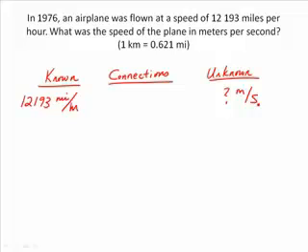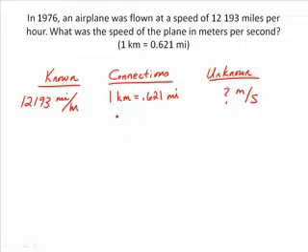So I'm going to look at how I would get from miles to meters and how I would get from hours to seconds, and we can treat those completely separately. So what do I know? Well, they give me that a kilometer is 0.621 miles, and that would get me to kilometers but not to meters.